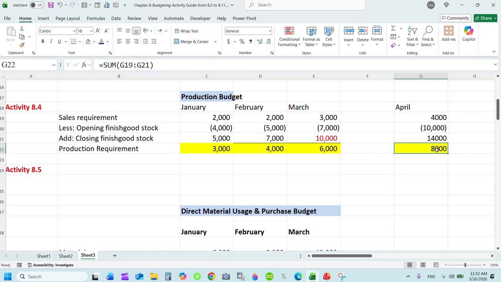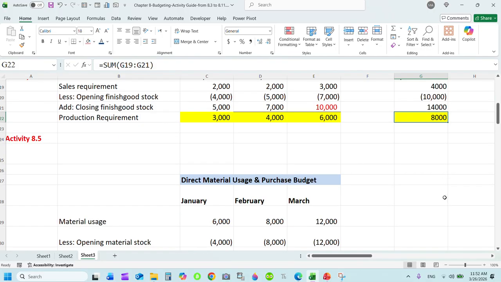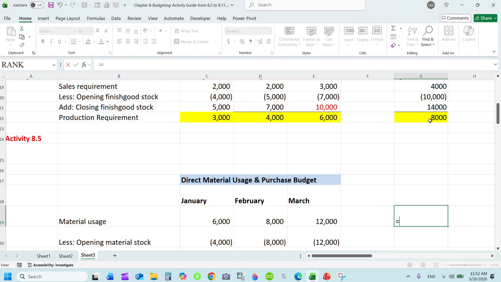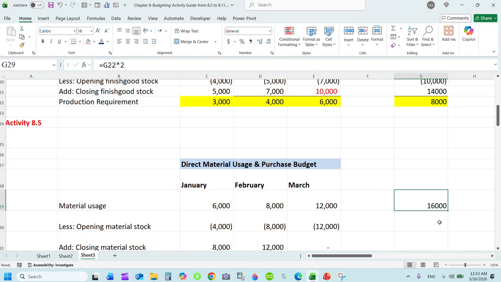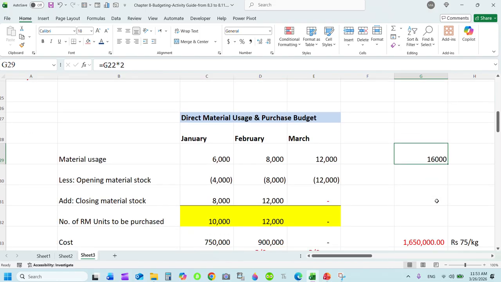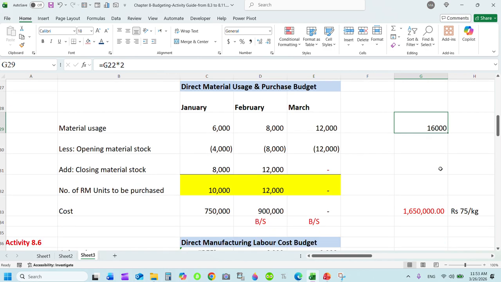To meet this production requirement, how much should the usage requirement be? This is the number of units to be produced during the month of April. To produce 1 unit of finished good, you need 2 kilograms of raw materials. Accordingly, usage requirement is 16,000, right?